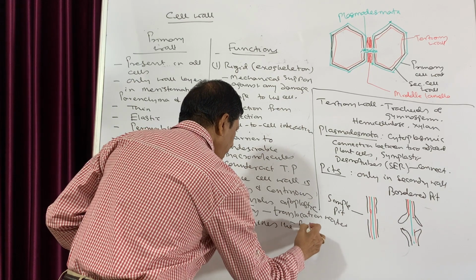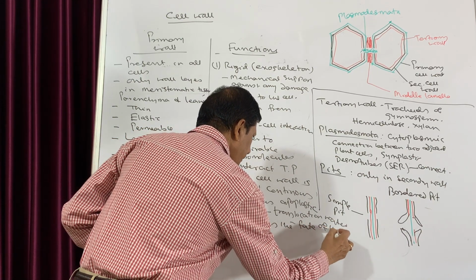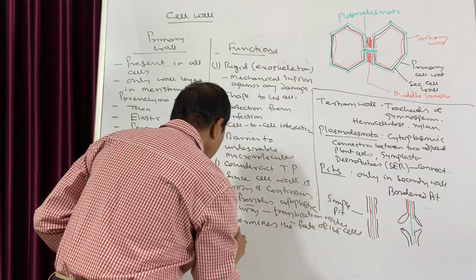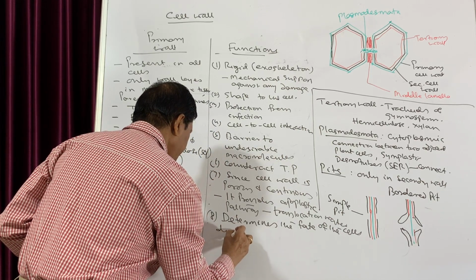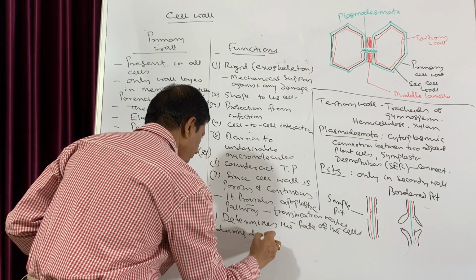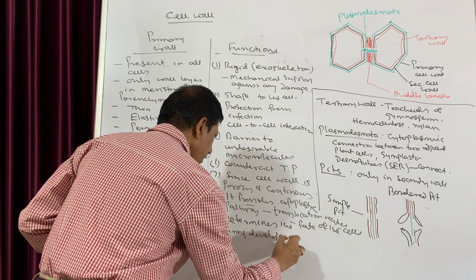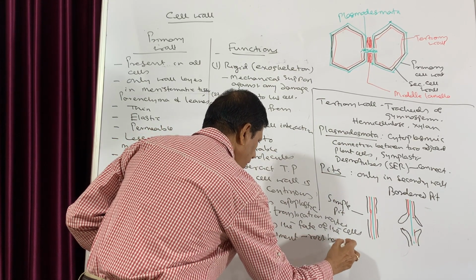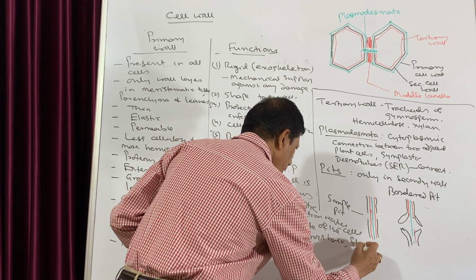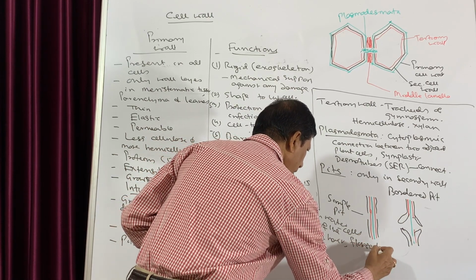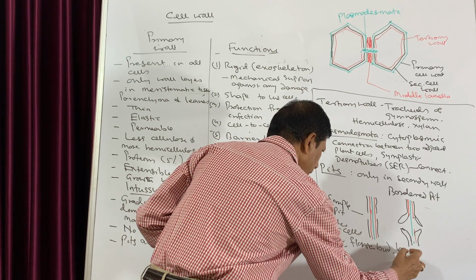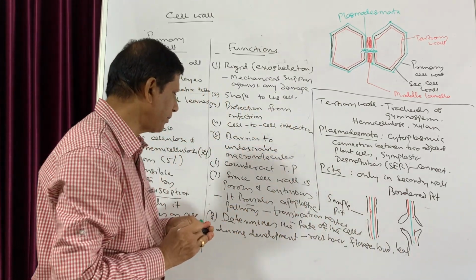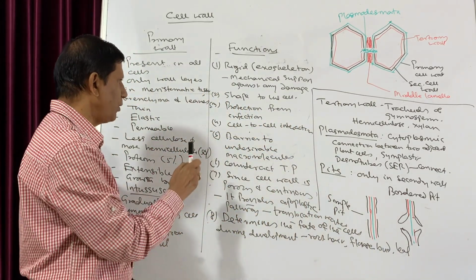That means whether it will be root hair, or flower bud, or leaf, that is determined by this cell wall.